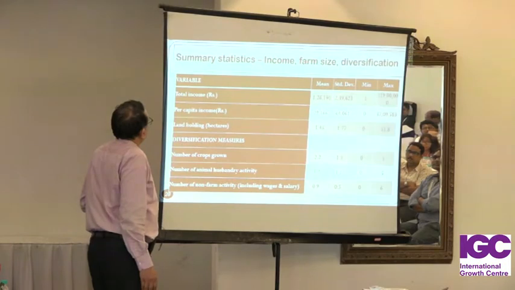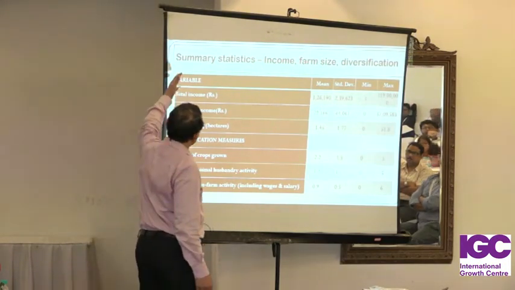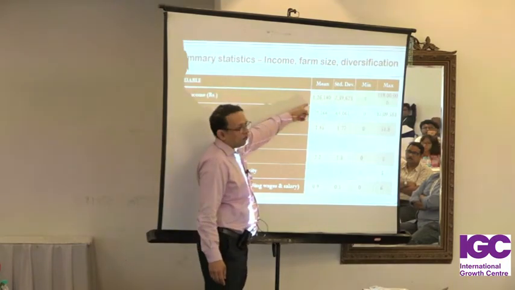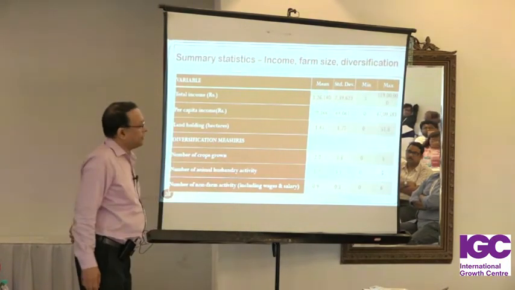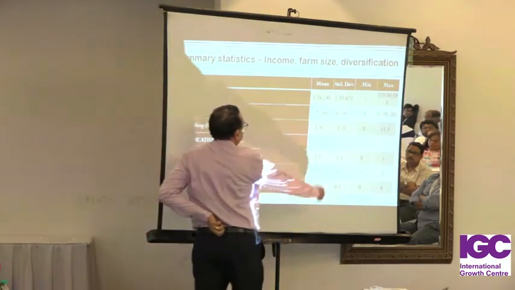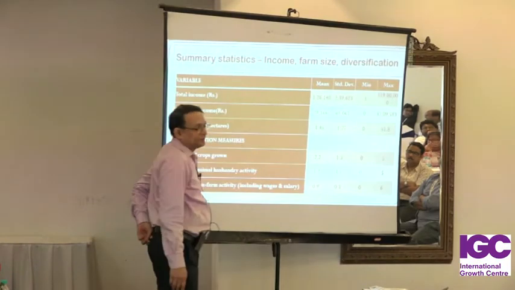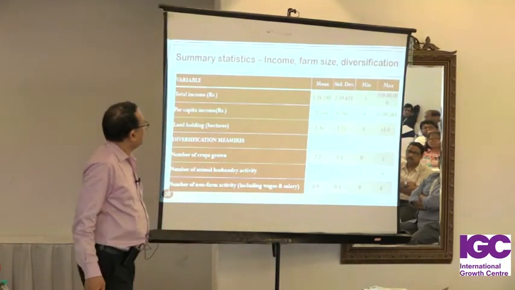Some summary statistics. This is the total income that we estimated, the annual total income. It's about 1,26,000, but the standard deviation is 2,39,000. So there's a huge variation in the sample.